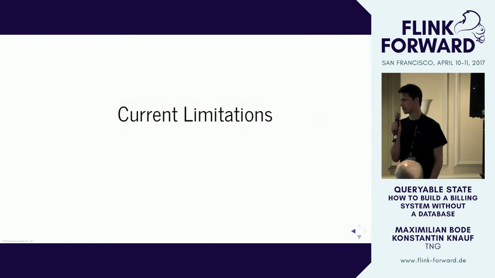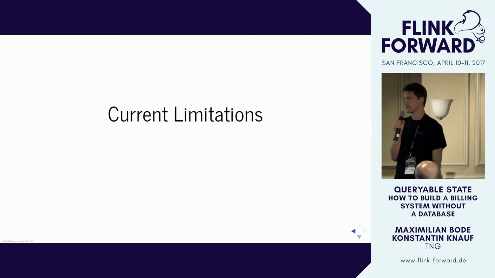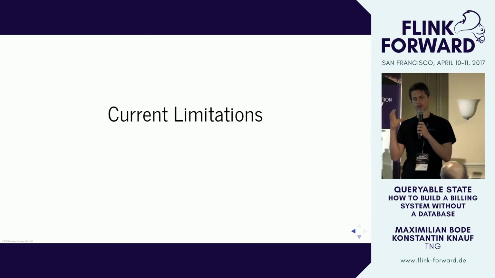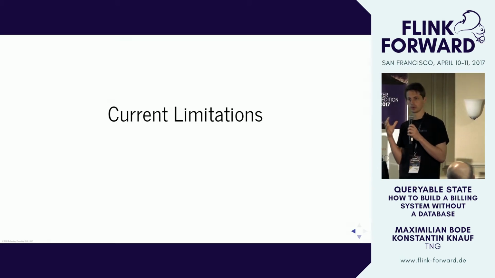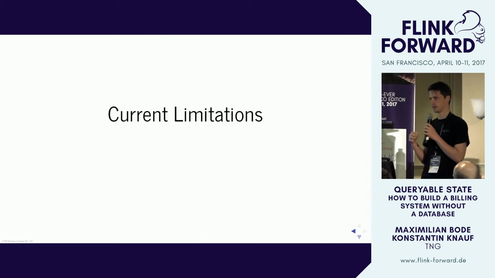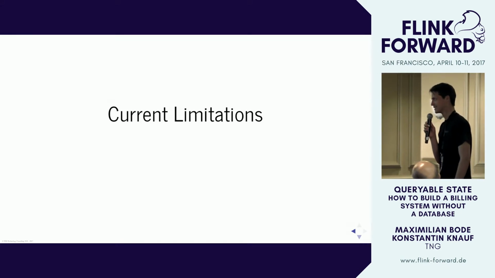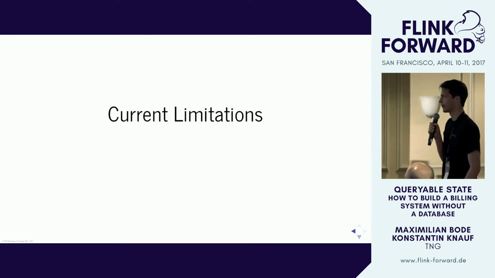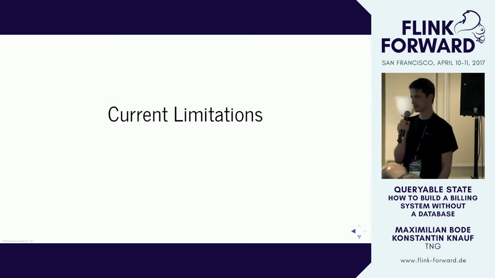We could see some current limitations in the queryable state. So first of all, there's no support for window scoped queryable state. So it's only the key, and as I learned yesterday, the window is actually the namespace. So there's no namespace support for queryable state, but this will be added shortly. Then the client API is somewhat cumbersome.